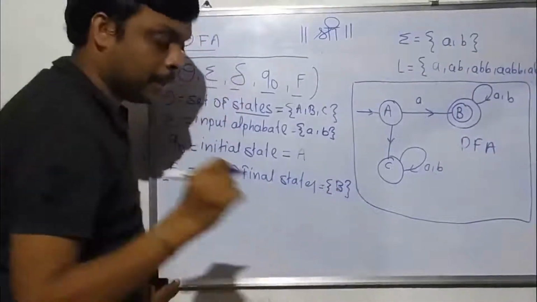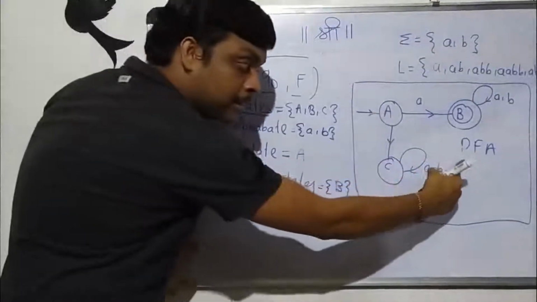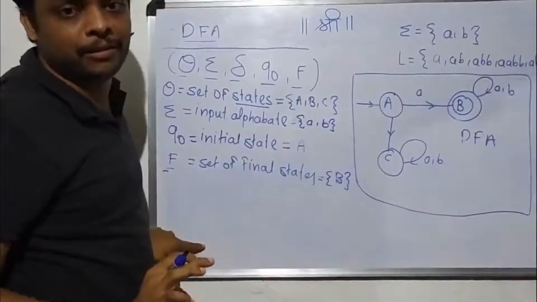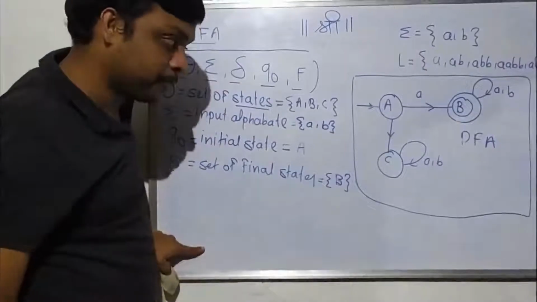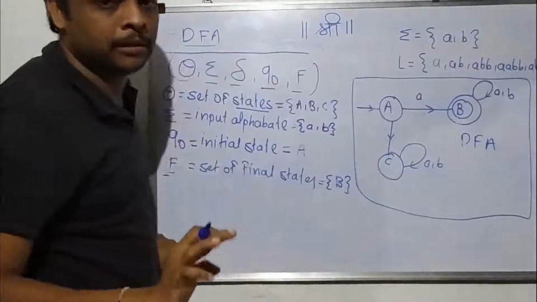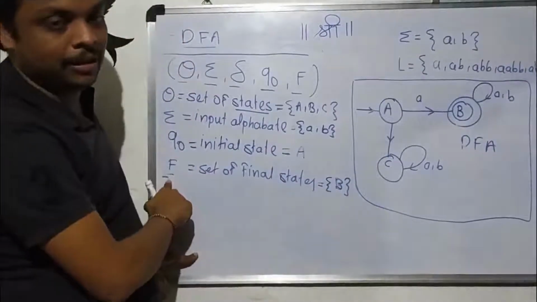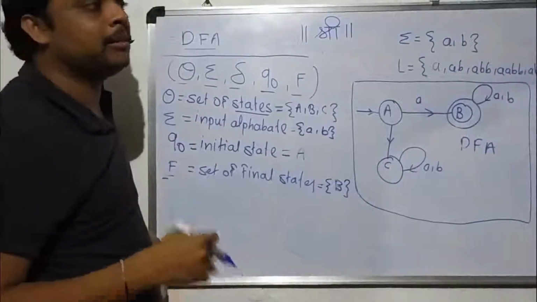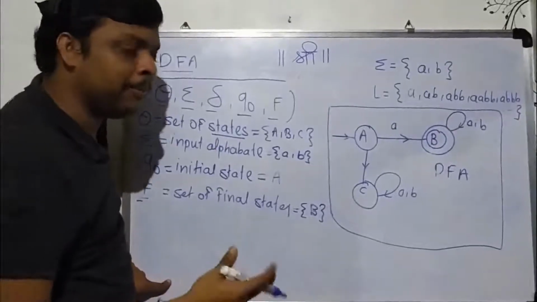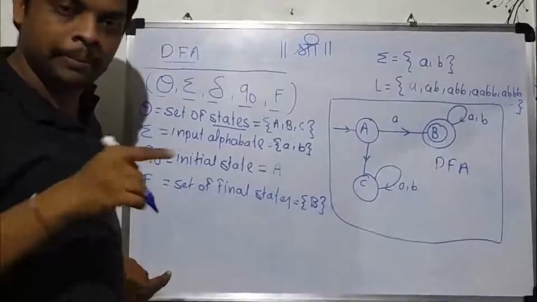Now see, this is a set. In this DFA only one final state is there, that's why I have mentioned only one element in this F set. But in some other examples you may get a requirement where more than one final state is present in a single DFA. You have to remember this point.